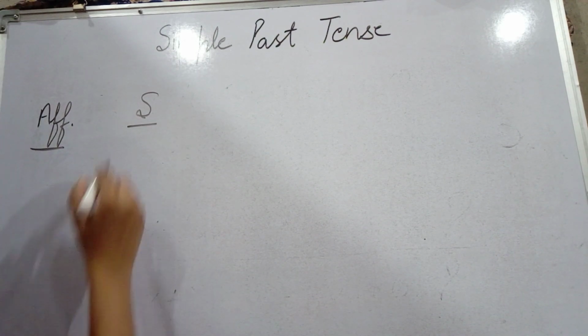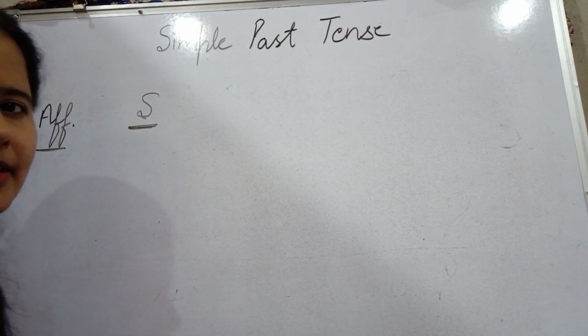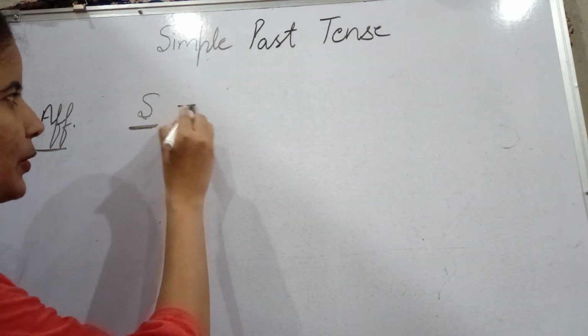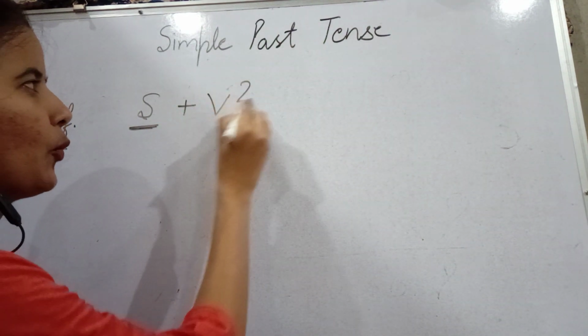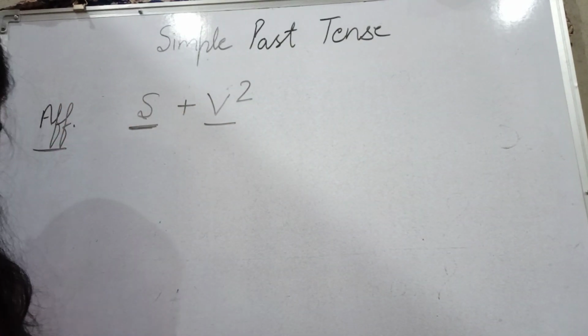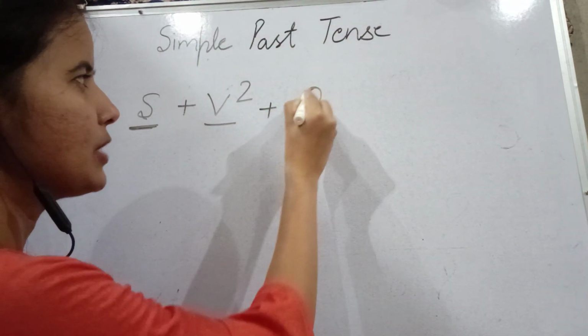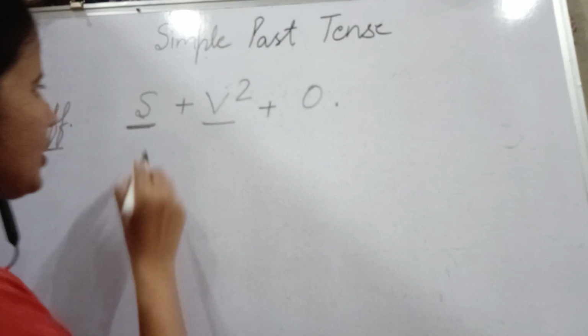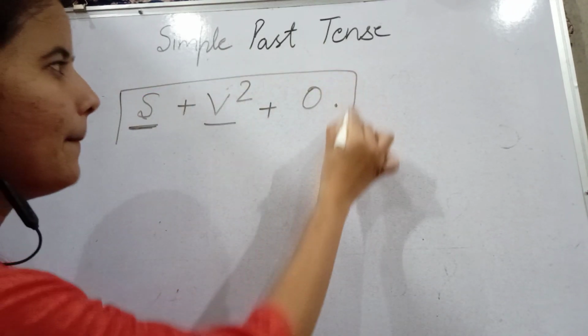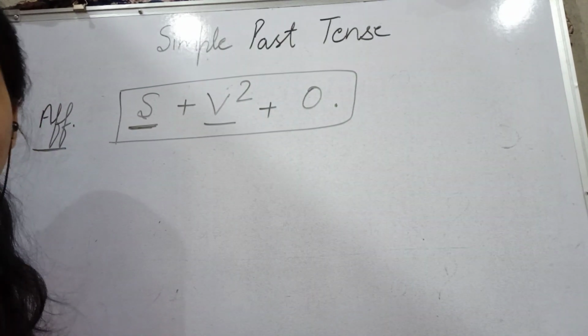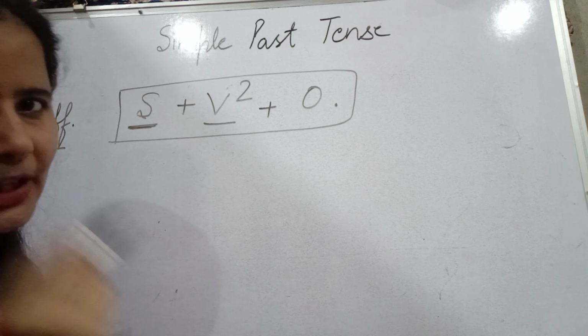So in an affirmative sentence, first you write the subject, then V2, the second form of the verb, and then the object and a full stop. So this is the sweet and simple structure of simple past tense that we need to follow.